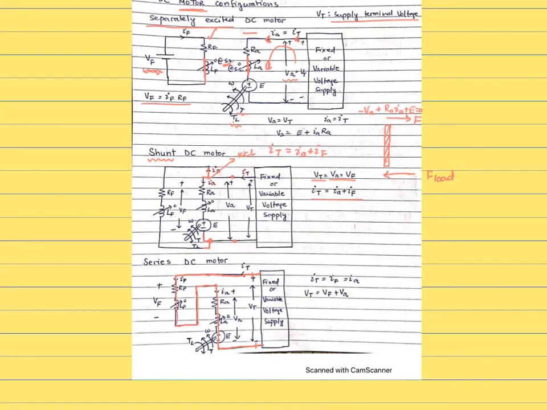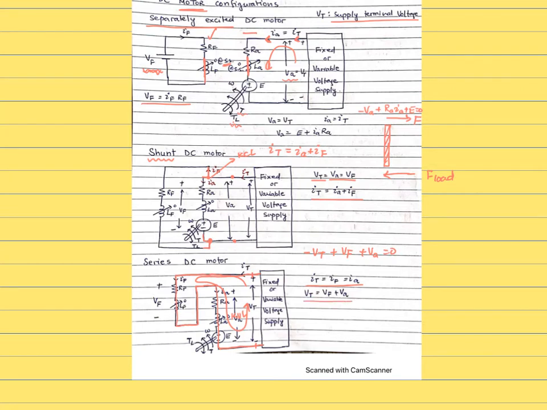And in case of series connection, you see the same current. So all three currents, the current flowing through the field winding, the current flowing through the armature winding, and the current taken from the supply, are equal. And another thing, if you try to apply KVL, that will give you negative VT plus VF plus VA equals 0.